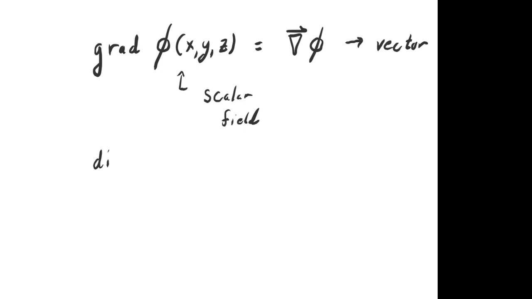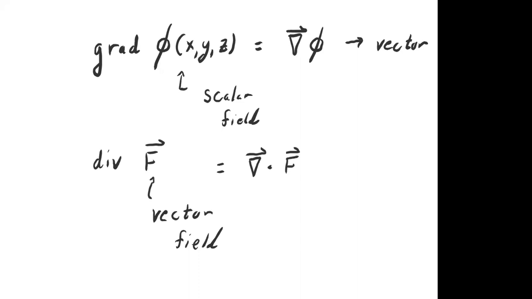When you take the divergence of a vector field F, that's the same thing as taking the operator del and taking its dot product with F. Note that this does not make any sense, interchanging those vectors, because vector operators act on creatures to the right of them. So you never want to do something like this.